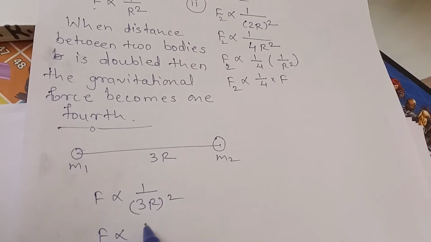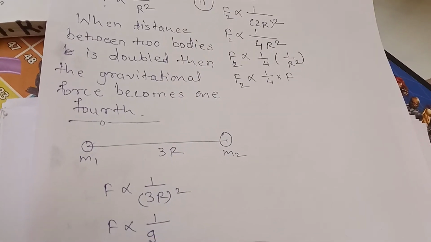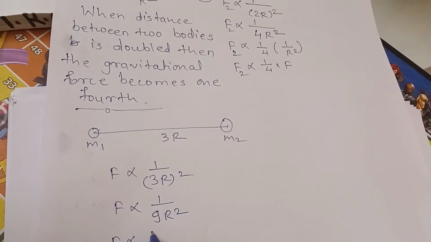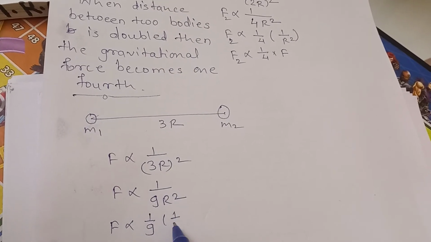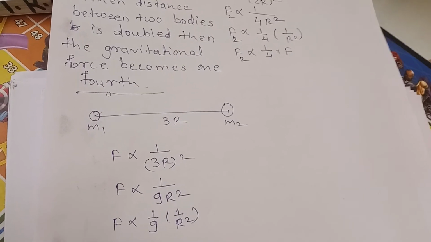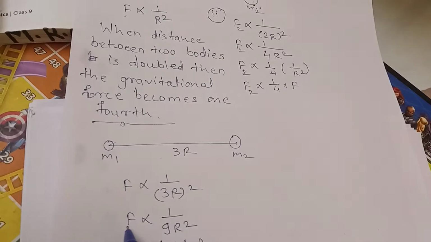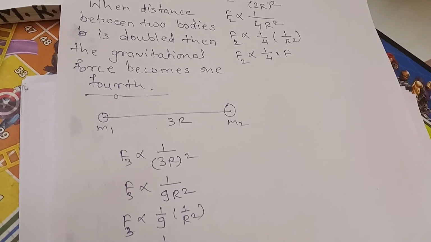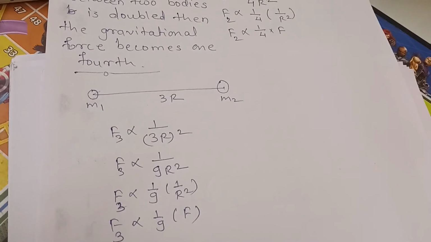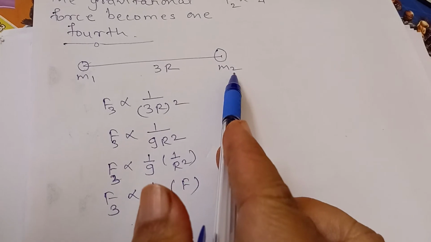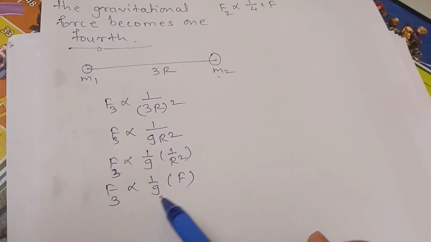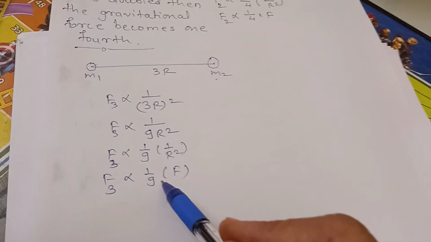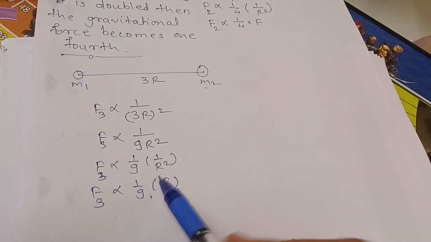That is, F is directly proportional to 1 upon 9r square, or 1 upon 9 into 1 upon r square. This is F3, 1 upon 9 into F. If we triple the distance between the two objects, then the force of attraction becomes 1/9. The figure is in the form of a squaring figure.